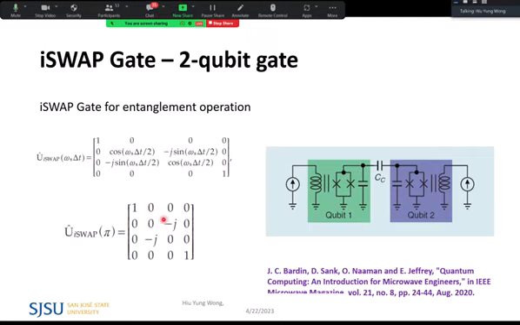For different quantum computing architectures, you will see people use different entanglement gates because of the physics. We are using the physics to implement it. For example, in a spin qubit case, they actually use the controlled phase shift gate instead of the iSWAP gate or the CNOT gate, because it's easier to implement due to physics.